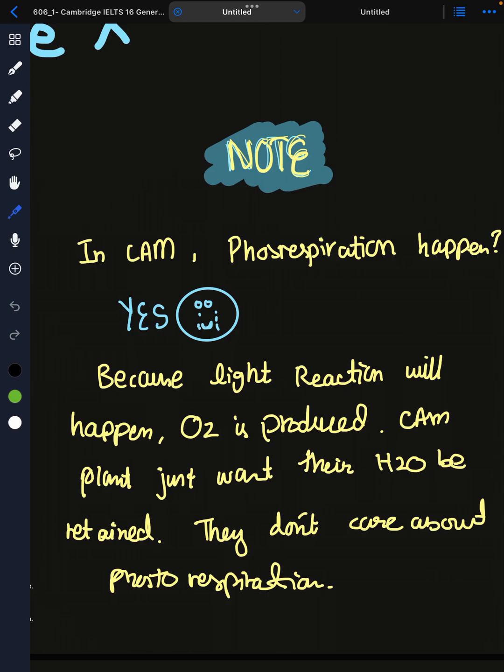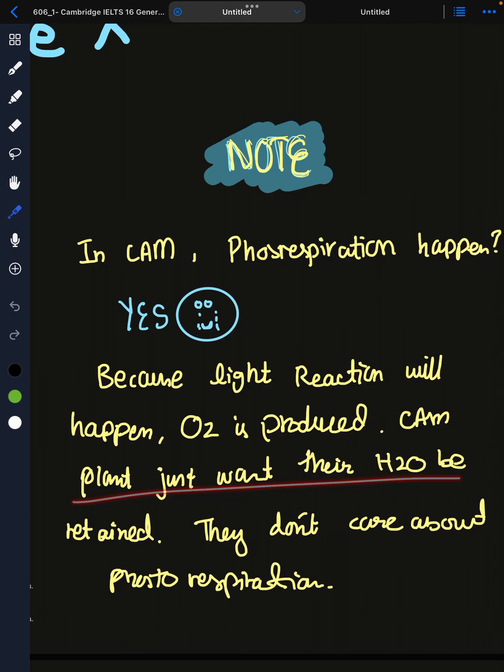Because the light reaction will happen, it will produce oxygen, and there's no protection for the rubisco, so the oxygen is going to bind with rubisco and photorespiration will happen at last. But the chances of photorespiration are really very reduced because the stomata are closed in the daytime.